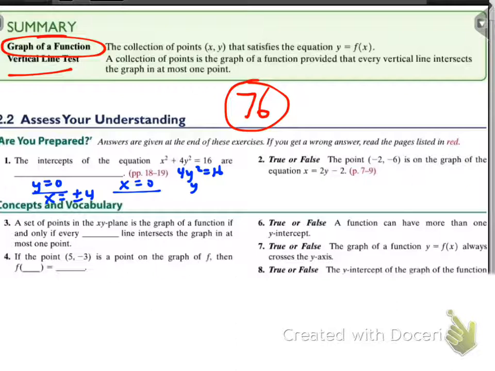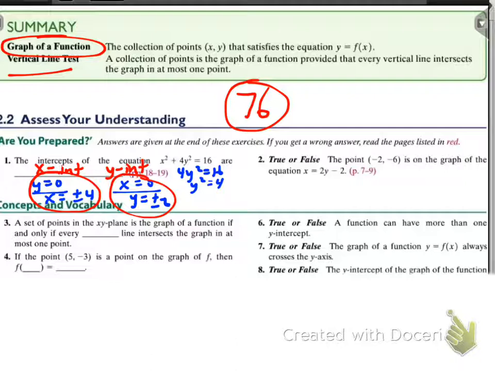We get y squared by dividing both sides by 4. We get y squared equals 4. So we get y equals plus or minus 2. These are the y-intercepts. These are the only answers, by the way, that are not in the back of the book.